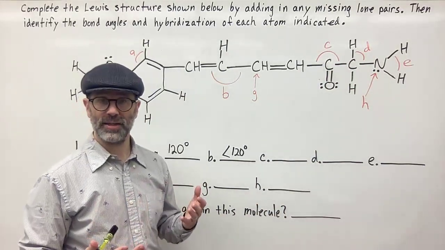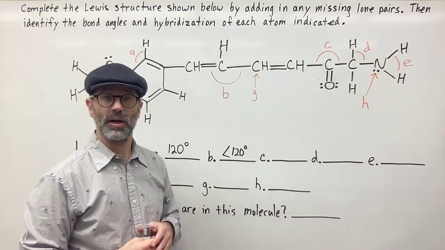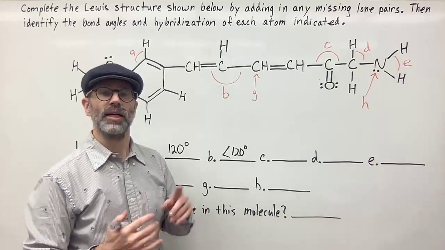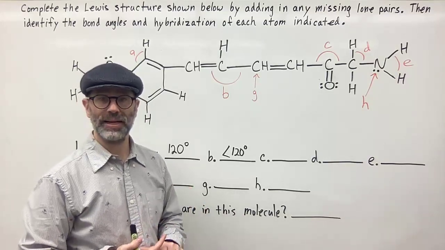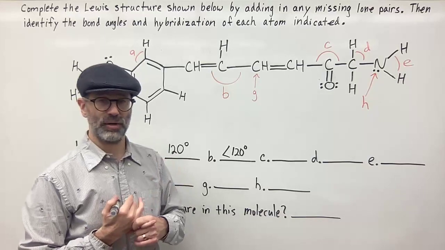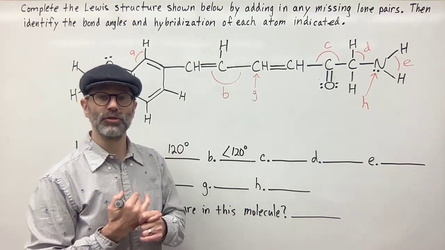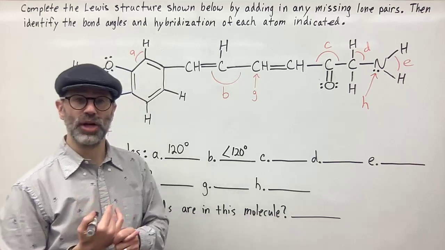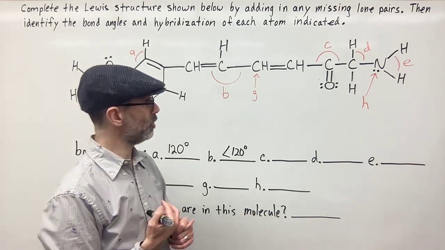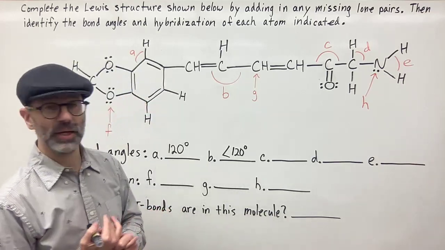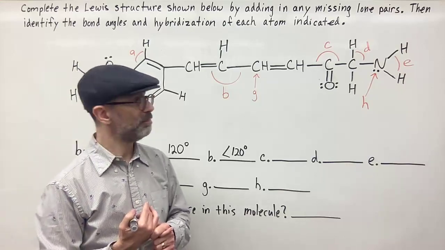So once again, if you look on your VSEPR chart, any central atom that has a total of 3 electron groups, the electron group geometry is going to be trigonal planar.